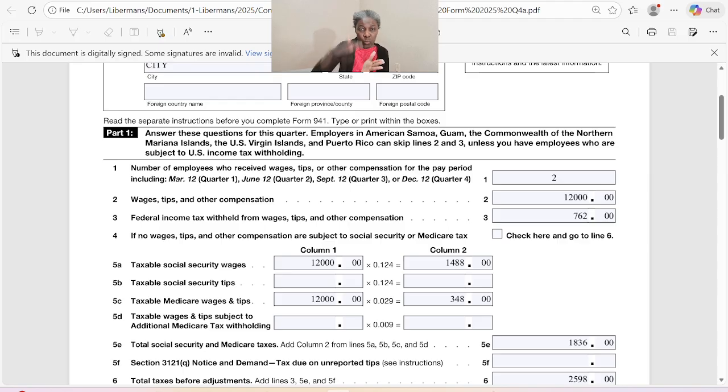So if you have multiple staff members that are collecting high salary, you need to track each one of them. You are going to do that anyway because you are going to file their W-2 later with Social Security Administration.